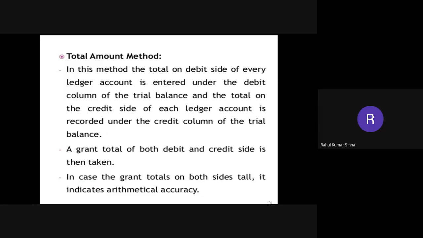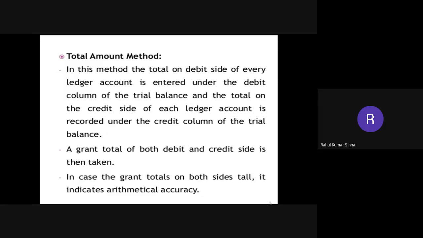So in the case of the balance method, you saw the comparison is made between the total of debit and credit, and the balance is written either on the debit or credit side. And in the total method, we take the total of debit and write it on the debit side, and we take the total of the credit of the particular account and write it in the trial balance on the credit side.